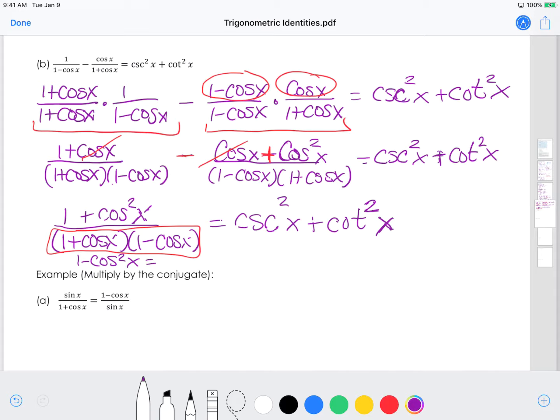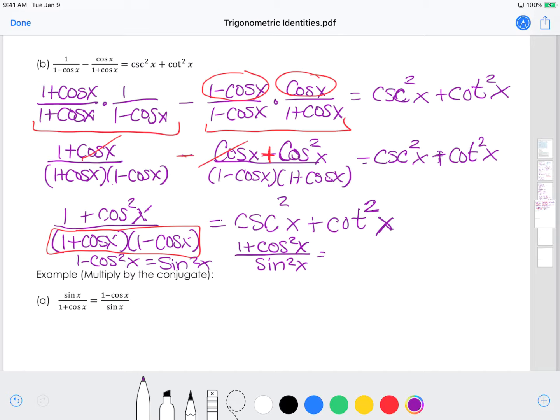And if you recall, that is equivalent to sine squared x. So now I have 1 plus cosine squared x over sine squared x. Because we FOILed the bottom and got 1 minus cosine squared x because it's the difference of squares. And 1 minus cosine squared x is equal to sine squared x using Pythagorean theorem.